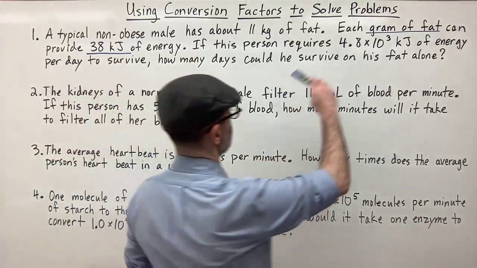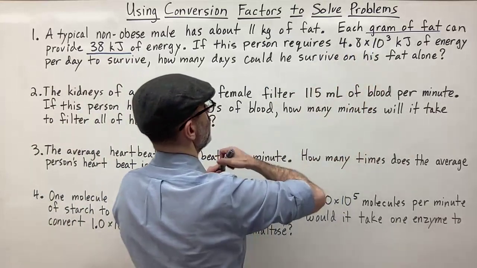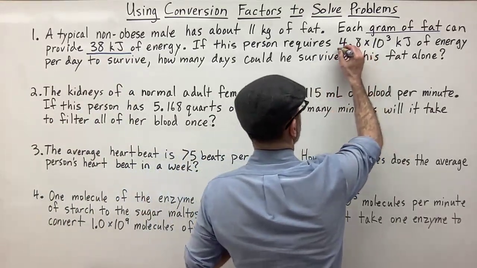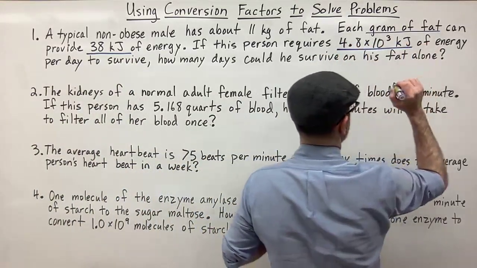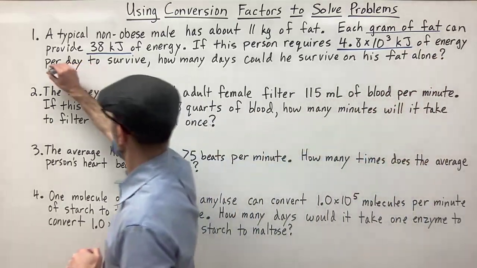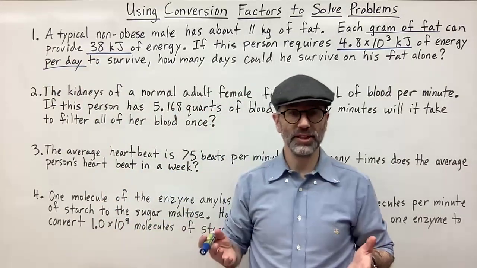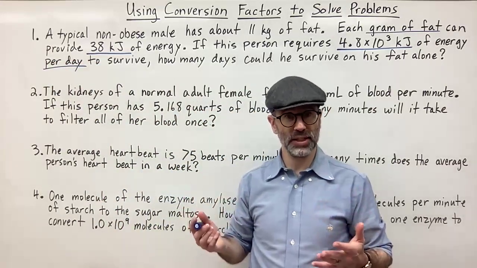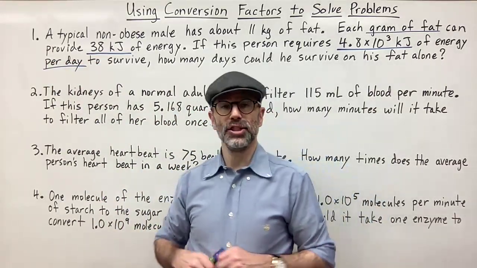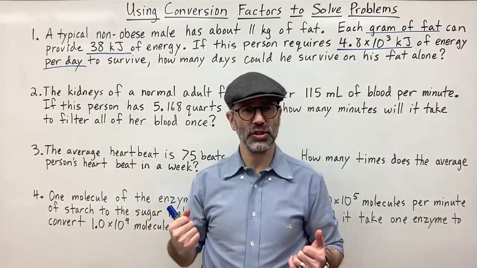So here, that's a relationship. So here we have kilojoules of energy related to 1 day, right? So that's a relationship that we can use as a conversion factor. And so we pull out the conversion factors.